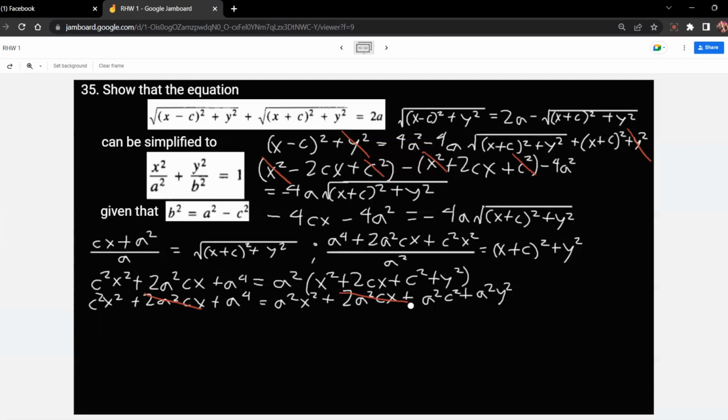Okay, so kung i-divide po ng a squared, looks like it. Therefore, teka, meron kang x squared pareho on both sides, di ba? So meron dapat x squared (1 minus c squared over a squared).